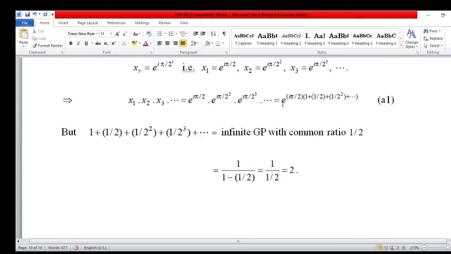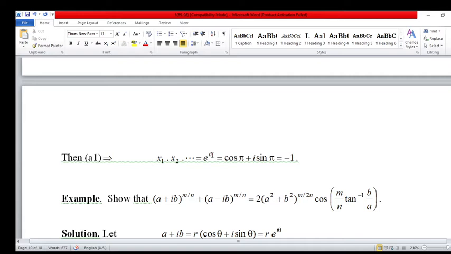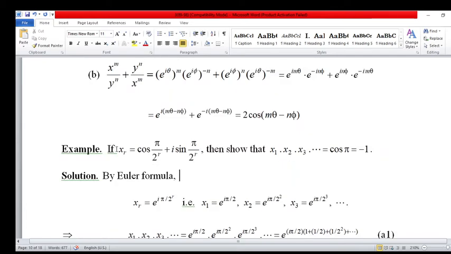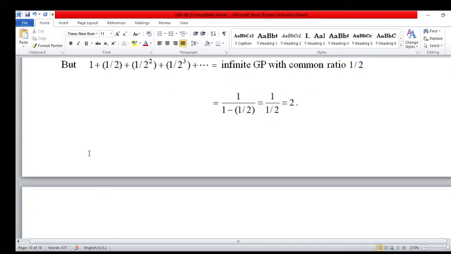So 2 and 2 cancel, and finally we obtain e raised to the power i pi, and again apply the Euler formula. This is cos pi plus i sin pi. i sin pi means 0, so cos pi, and the value of cos pi is minus 1. So this type of example is clear.